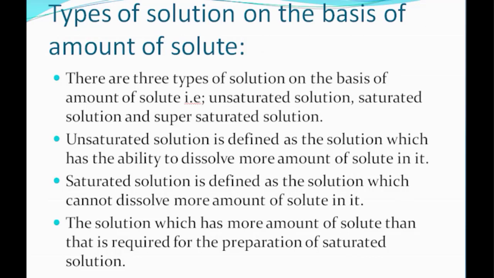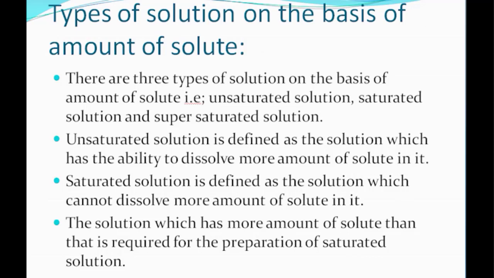Yes, it can dissolve more amount of solute in it. So such type of solution which has the ability to dissolve more amount of solute in it at a particular temperature is said to be an unsaturated solution.